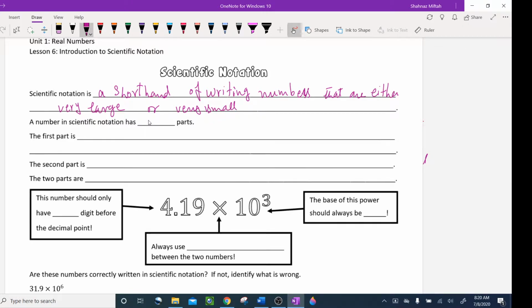A number in scientific notation has two parts. So this is important now. We have the first part, a number less than 10 or greater than or equal to 1.